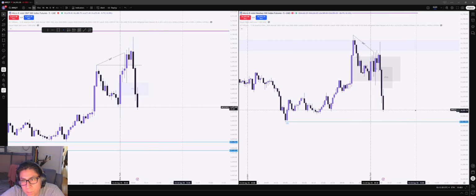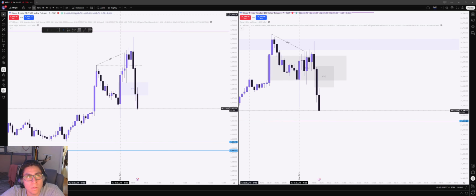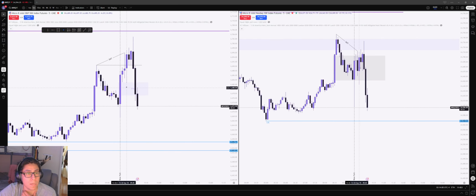We're taking out these lows right now as well. I'm just waiting for a retrace, honestly. I might not get one, but let's see what happens.